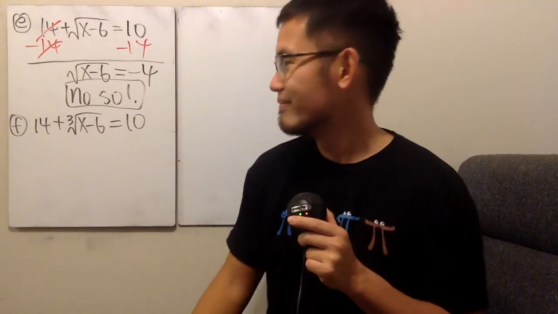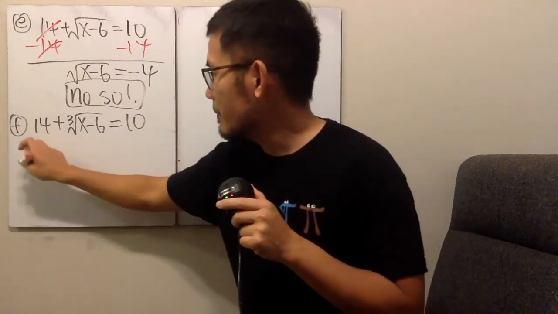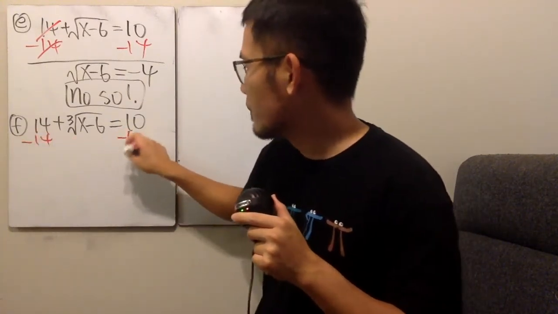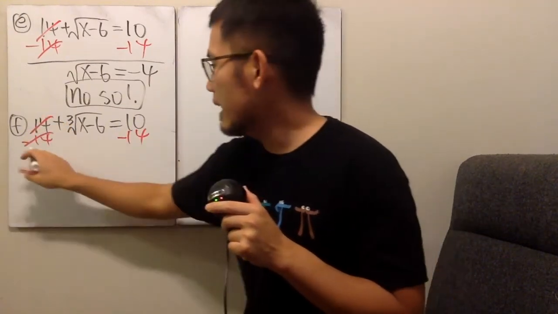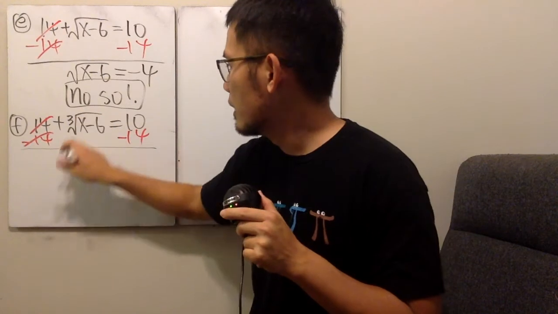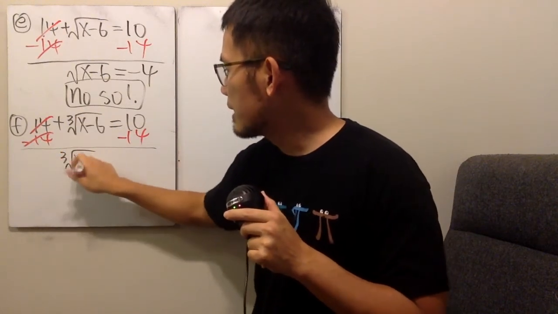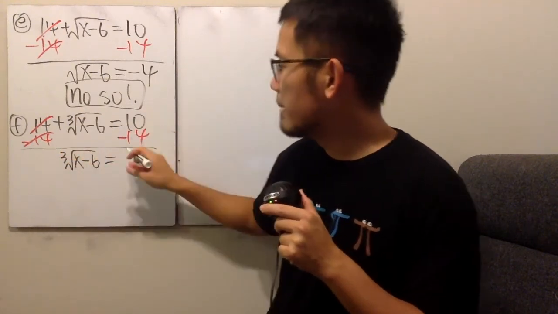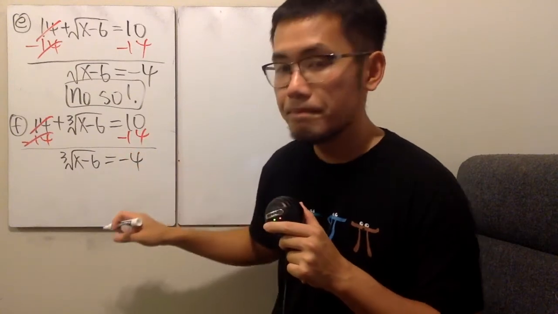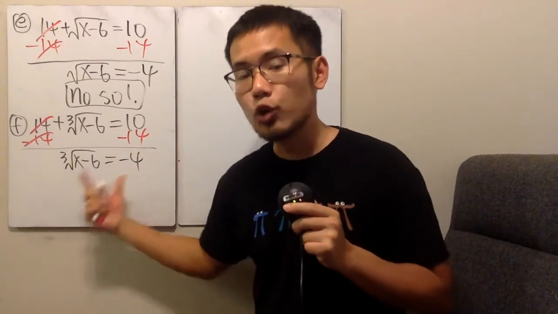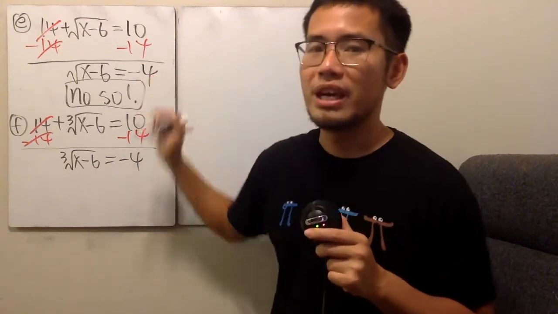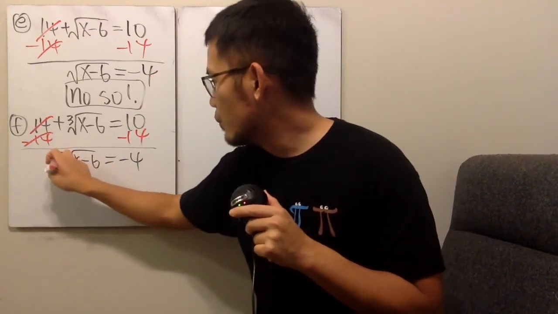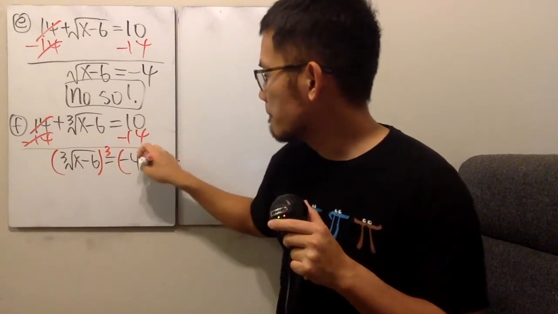You are done. On the other hand, if you look at this, minus 14 on both sides, and then you end up with the cube root of x minus 6 equals 10 minus 14 is negative 4. But when we have a cube root right here, this is definitely okay. Earlier, it was not okay. Here, we raise both sides to the third power.